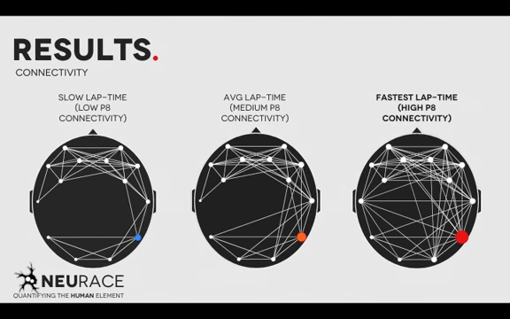As you can see, the connectivity in the slower laps is much lower. Connectivity in the faster laps is much higher. This is interesting because it means there's a lot more integration happening in the motor cortex, and a lot more synchronization across different brain regions. So this may be a different supplemental measure of neural efficiency that I thought I would share.